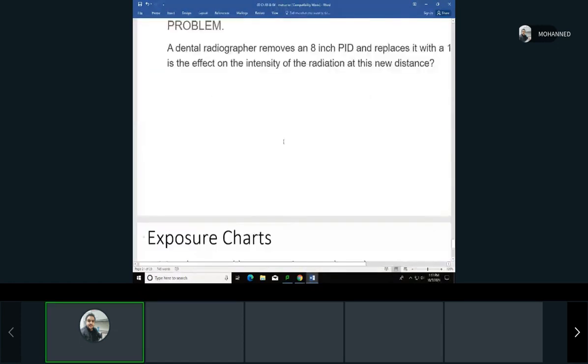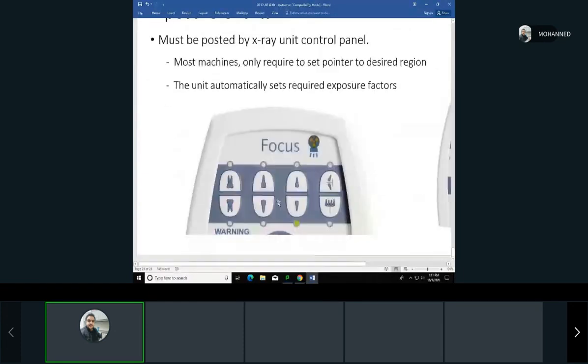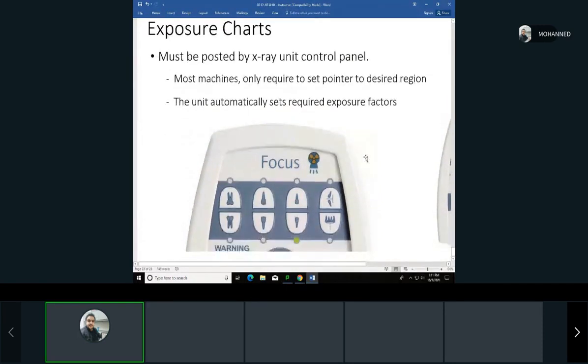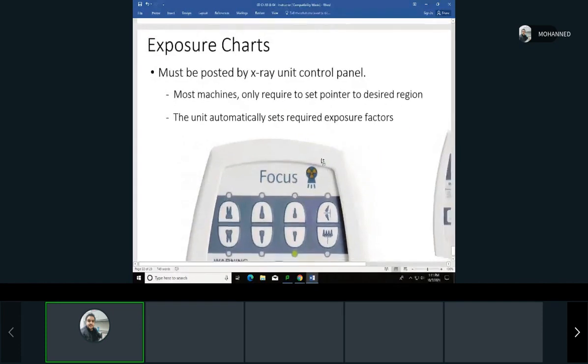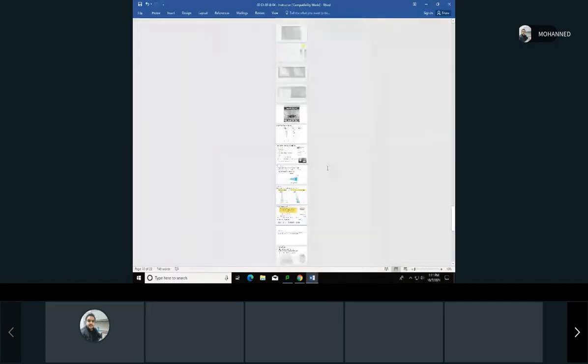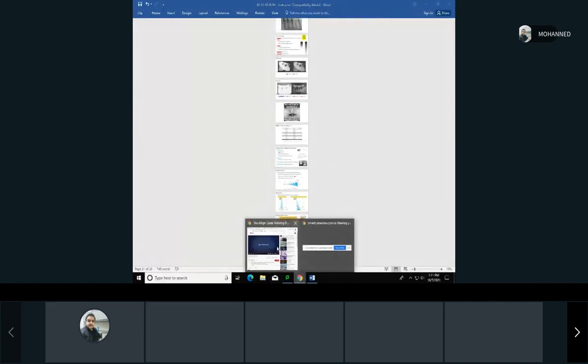Okay, this is done, and then we have the exposure charts, which are these things where you press a button to get the correct exposure for your patient, depending on the area that you're exposing. All of the machines now come with this, and you don't have to do any time or kilovoltage or milliamperage. Any questions?